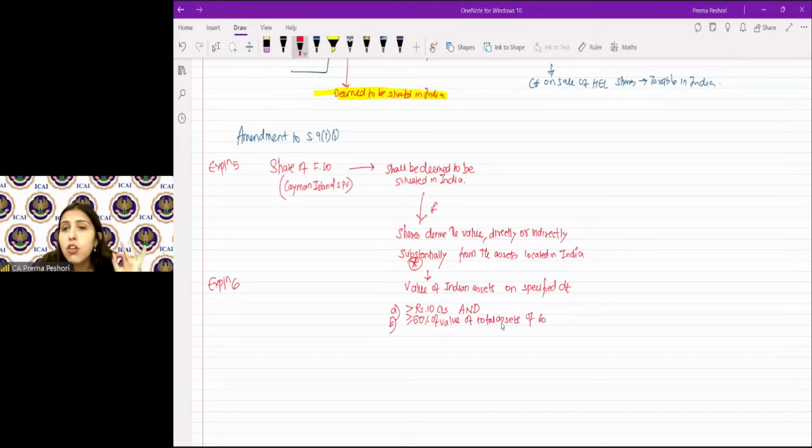So, value of the Indian assets is exceeding rupees 10 crores and is greater than equal to 50% of the total assets of the foreign company.